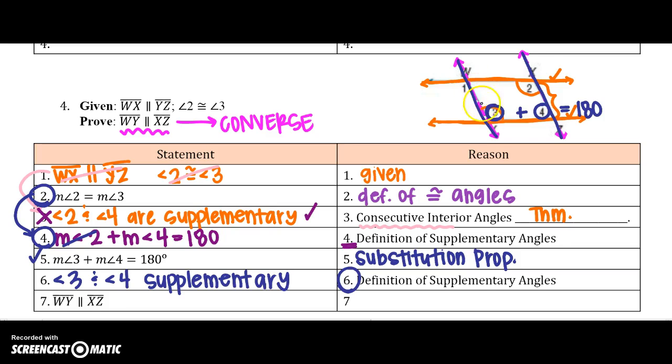Well, if 3 and 4 are consecutive interior angles to our parallel lines, that now tells us that those two lines are parallel because they are consecutive interior angles. And remember, because I'm proving lines parallel, I need to use the word converse.